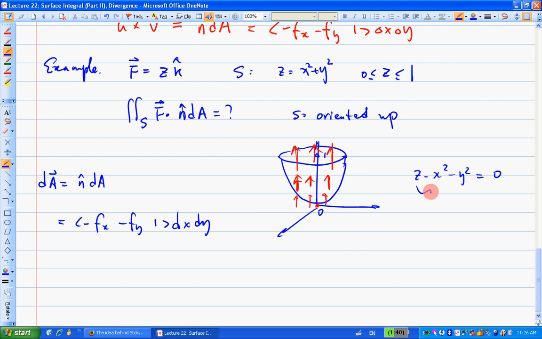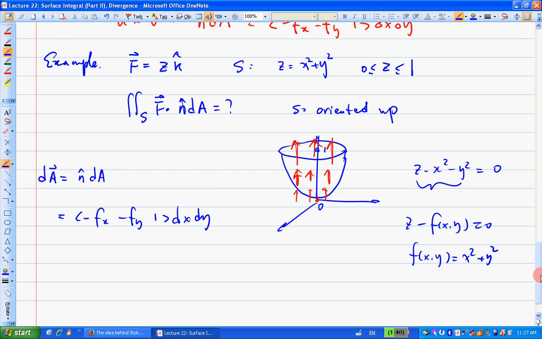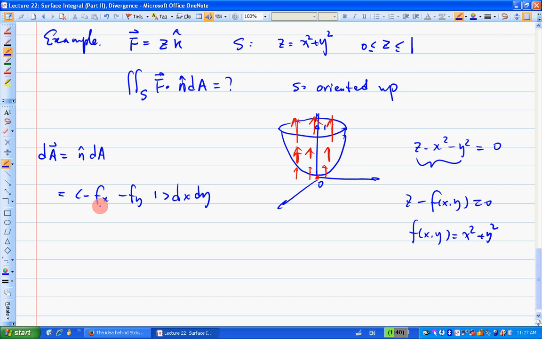So what is f here? F is this, z minus f of x y. So in other words, f of x y equals x squared plus y squared in this question.